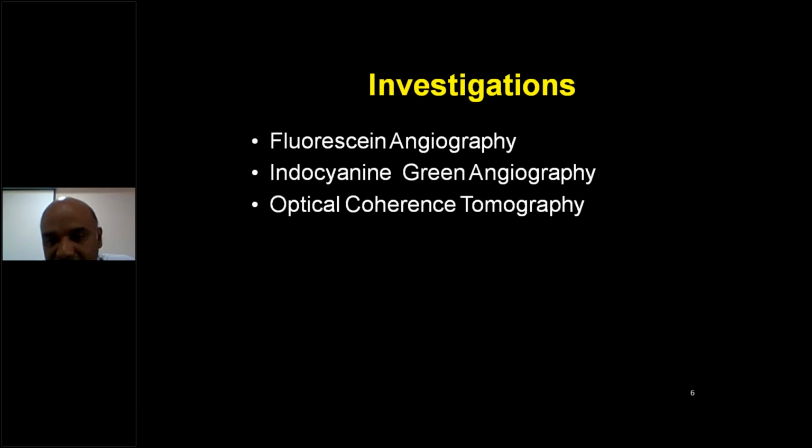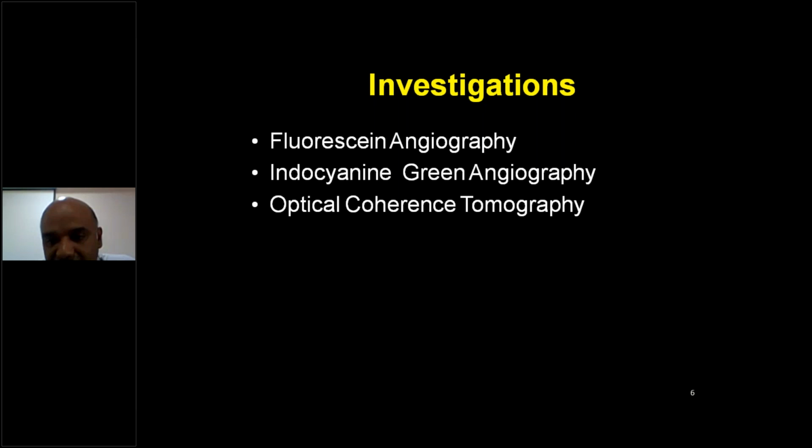To take the cut section or to analyze the retina as a whole, you take OCT. These are the basic investigations which have to be performed for coming to a proper conclusion and to assess the amount of damage the patient with AMD is having. You have to perform all these three investigations.